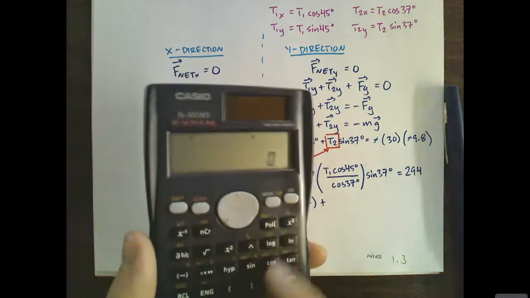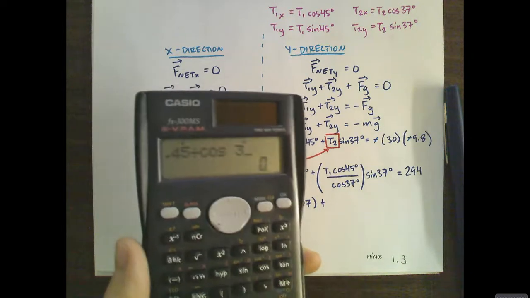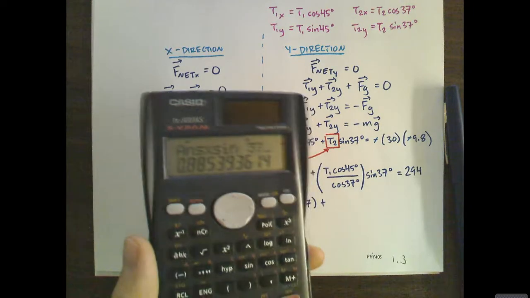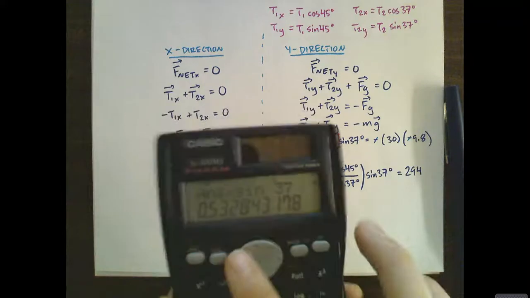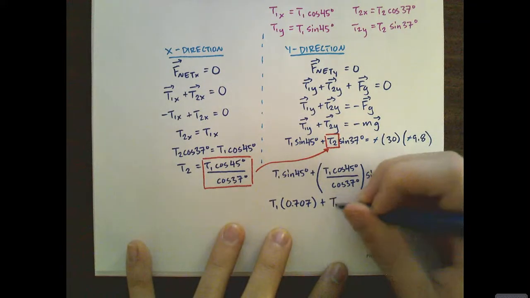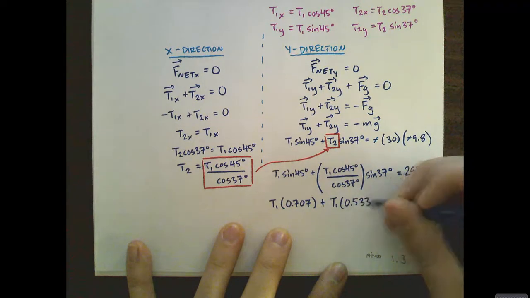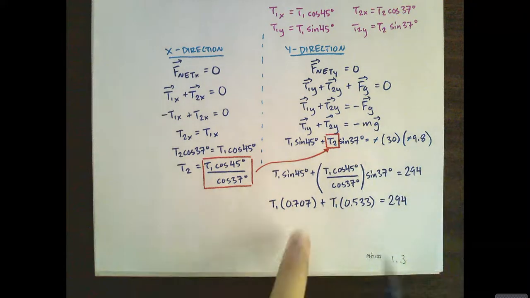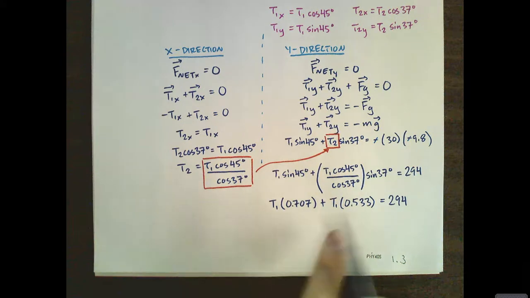So cos of 45 divided by cos of 37. Don't forget this one, times sine of 37 will give us 0.533. So that's now T1 times 0.533 equal to 294.